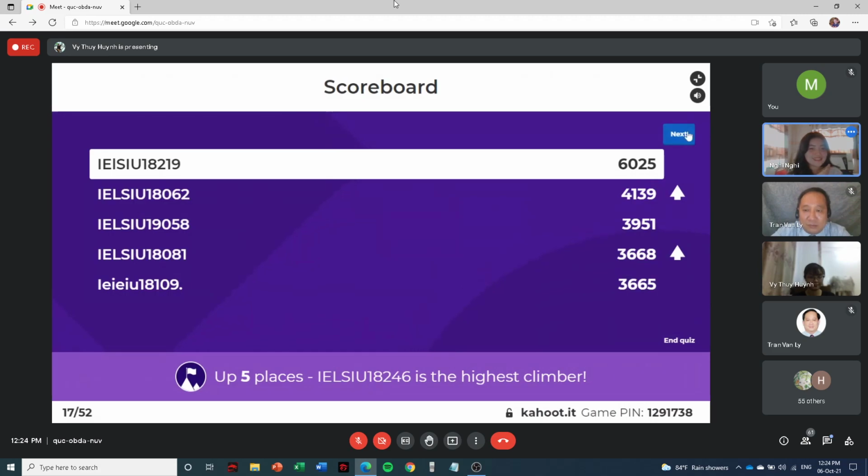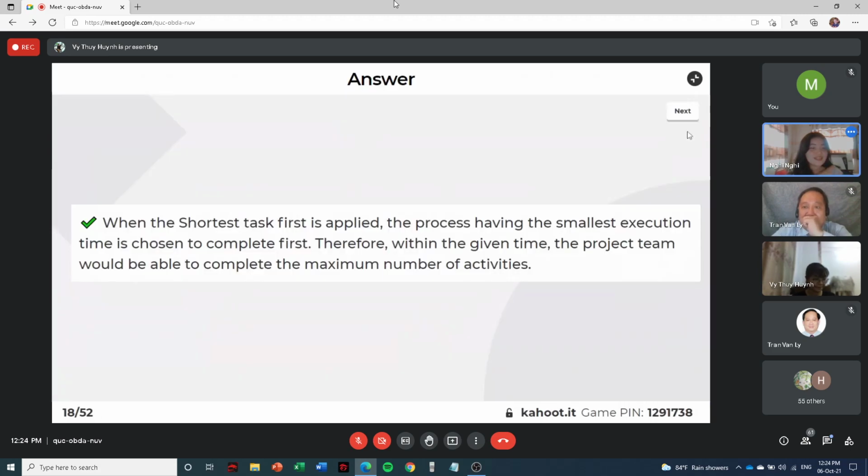So when the shortest task first rule is applied, the process having the smallest execution time is chosen to complete first. Therefore, within the given time, the project team would be able to complete the maximum number of activities.